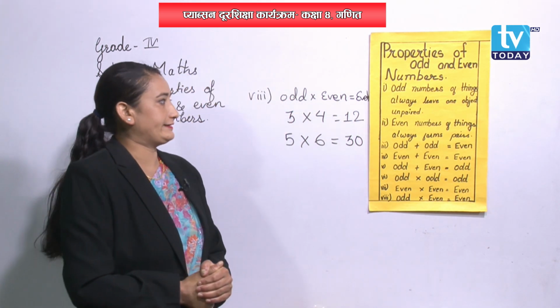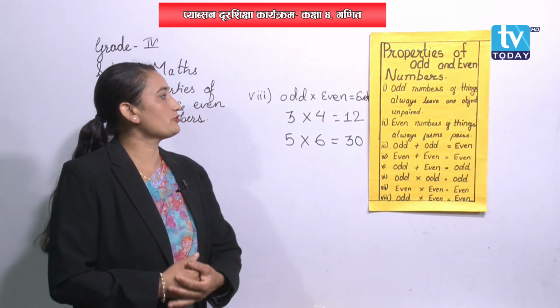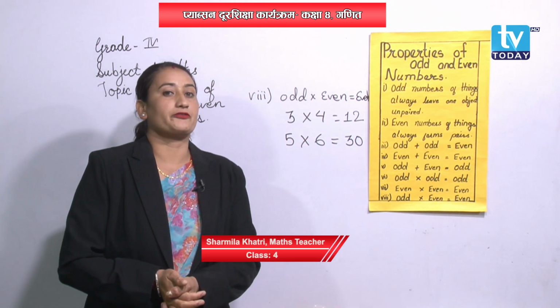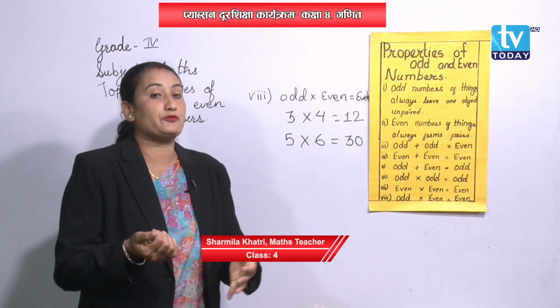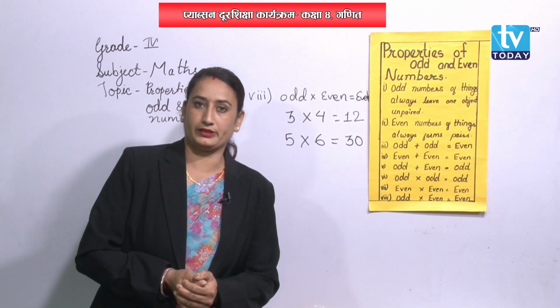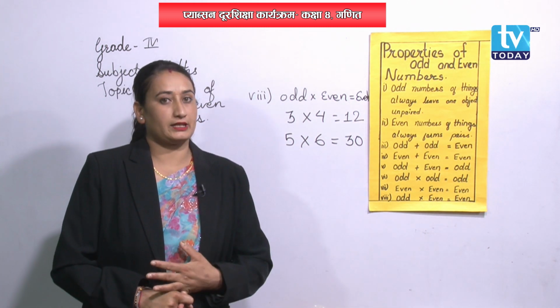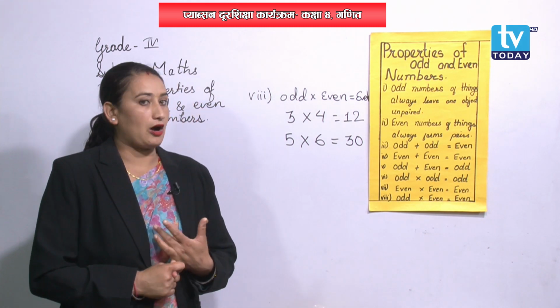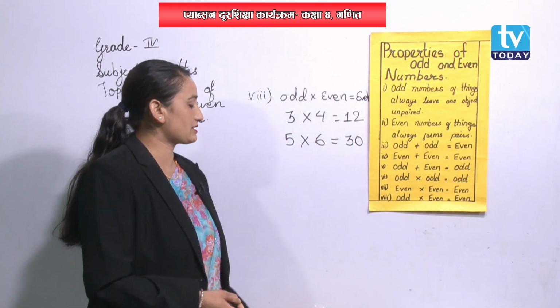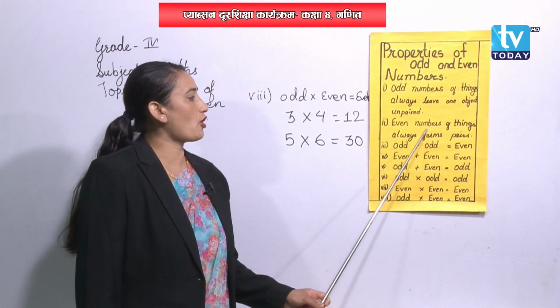Let's review, okay? First one: an odd number of things always leaves one object unpaired. Second property: an even number of things always forms pairs.